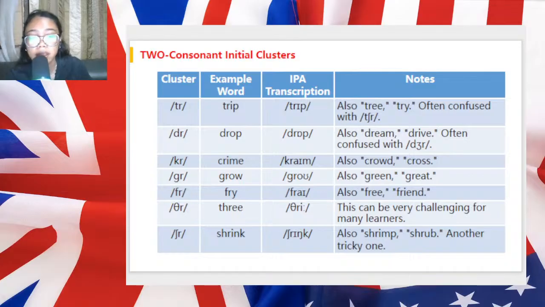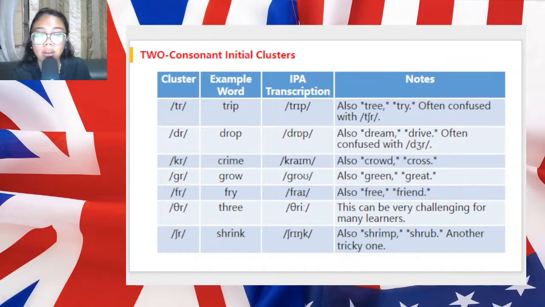Now, a particularly challenging one for many learners, the THR cluster, as in three. This starts with the TH sound where your tongue tip is typically between or just behind your front teeth, followed directly by the R sound, three. This combination of the TH and R sounds requires practice and precise tongue placement and coordination.